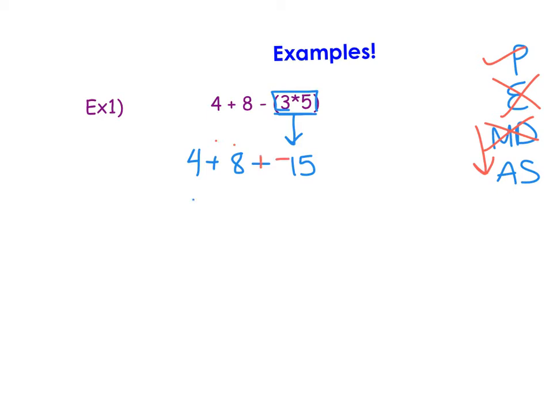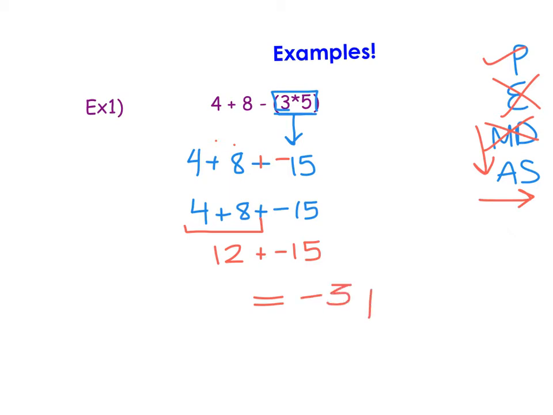I'm going to rewrite this as 4 plus 8 plus negative 15. Now we're going to evaluate this from left to right for addition and subtraction. We start here, 4 plus 8, that becomes 12. And then 12 plus negative 15 becomes negative 3.